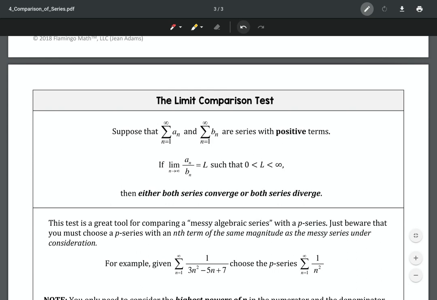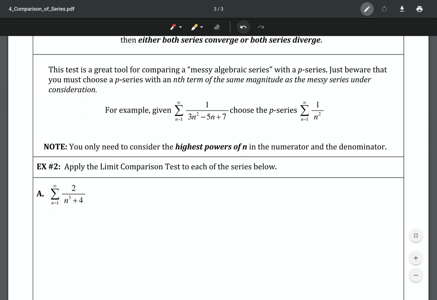So let's go to another comparison test called the limit comparison test. Okay, and I think, is that it? 2 problems? Yeah. All right. So on a direct comparison test, this is what we would do.